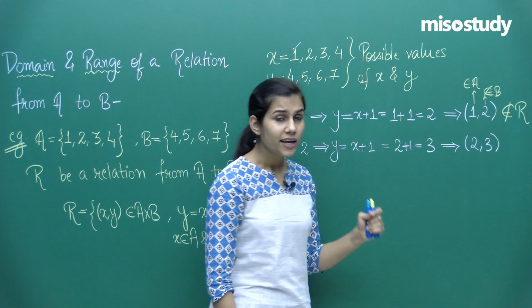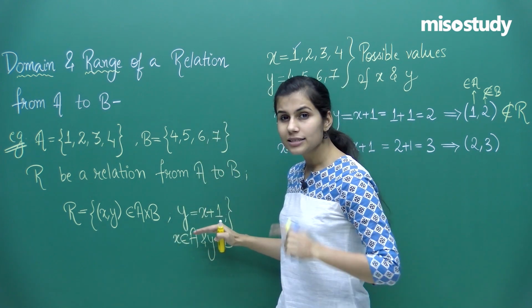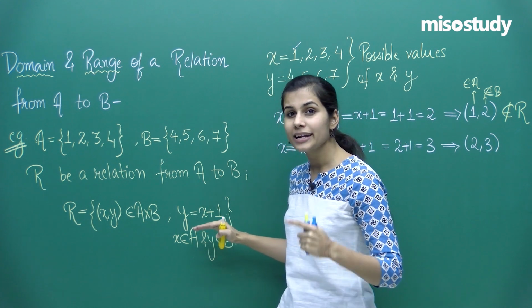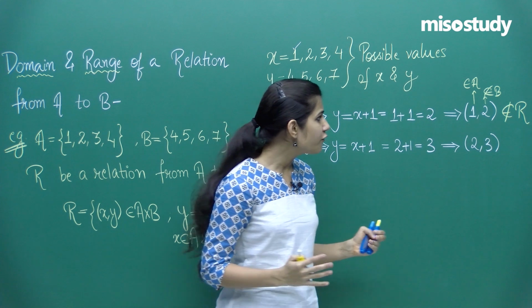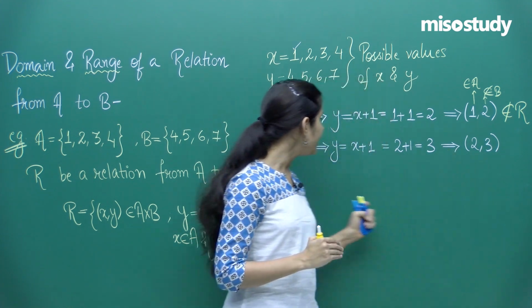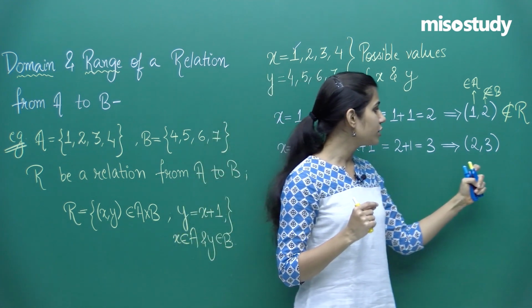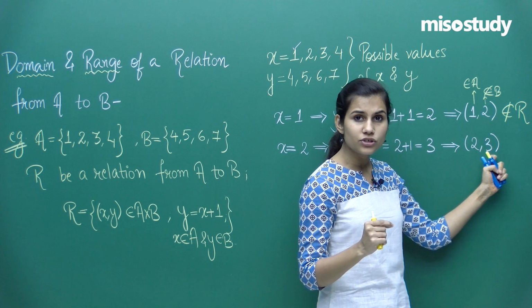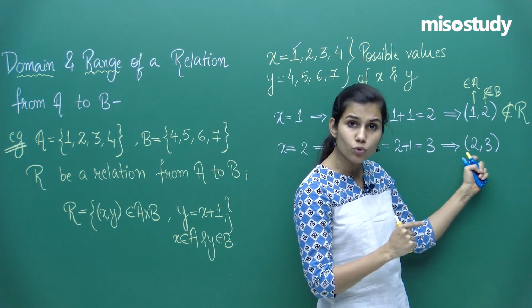Can I say that this ordered pair is satisfying the rule that the second element of the ordered pair is obtained by adding 1 to the first element? Yes, of course. If you consider this ordered pair 2, 3, we have already constructed it in a very smart way which already portrays that the second element, which is 3, will be obtained by adding 1 to the first element, which is 2.